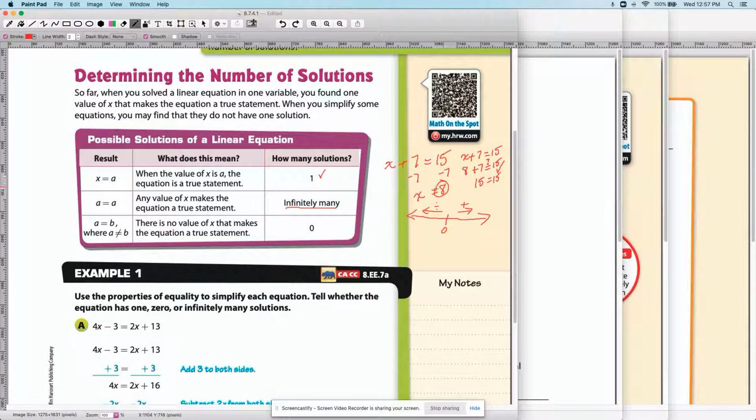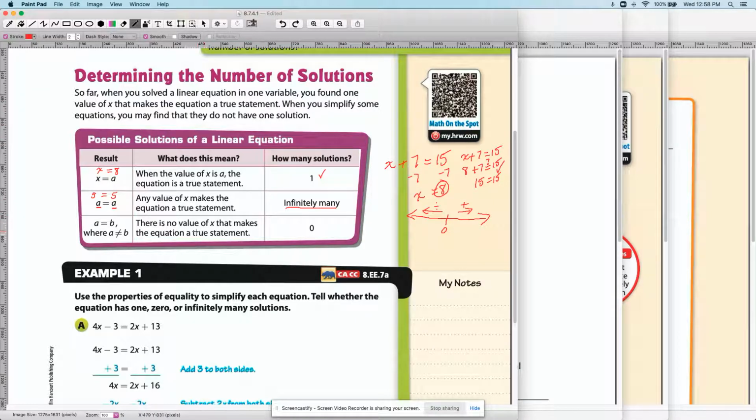So if you get a solution where a specific number equals that same number, something like 5 equals 5 at the very end, whereas in this one we got x equals 8, then we know that any value of x will make it true, and there are infinitely many solutions.